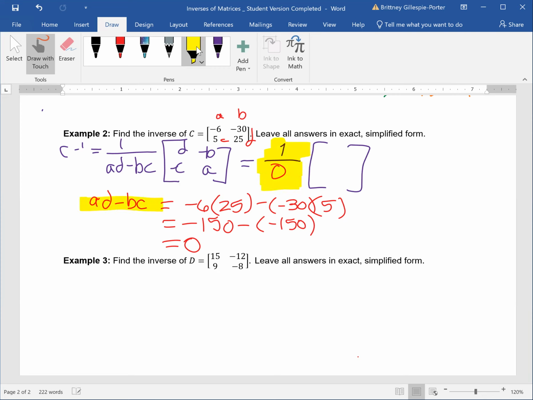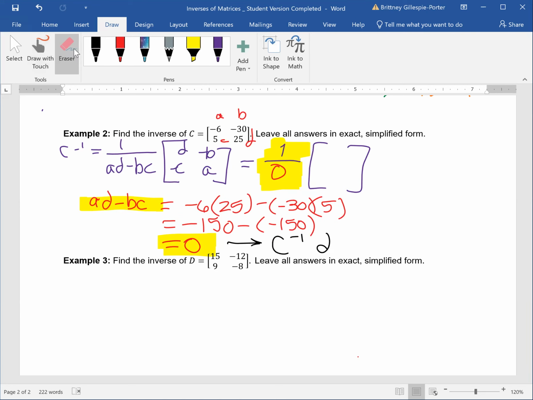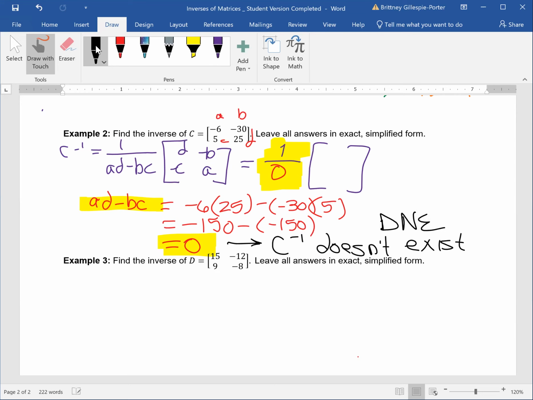Remember, when AD minus BC is equal to 0, that means that C inverse doesn't exist because we cannot divide by 0. I know you're like, yay, I want more problems like that. So, it does not exist. D, N, E.